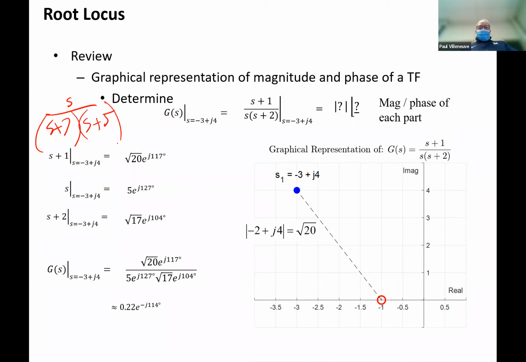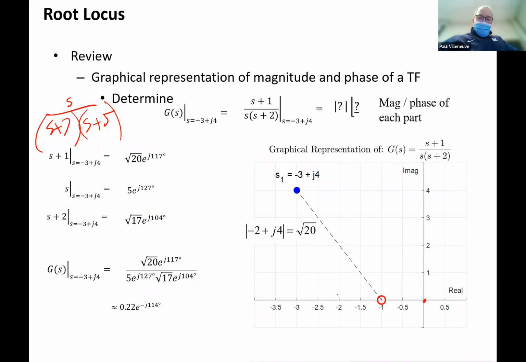Because what we end up getting, if this is -3 plus 4, we get this value over here. That is the angle, -114, and the magnitude is 0.22. Don't worry super duper about what this value is, but what we're saying is to go from this point to this point, we have to go square root of 20, and the vector is 117. If we wanted to do the 0, you can see I have to go a harder angle, and the magnitude is slightly increased.